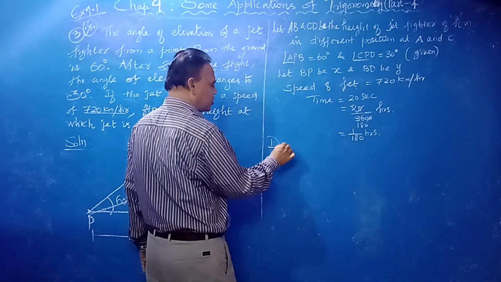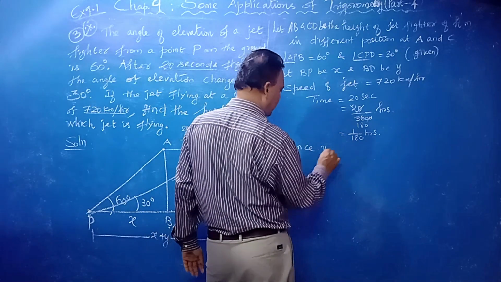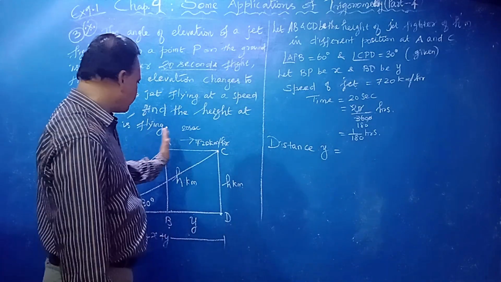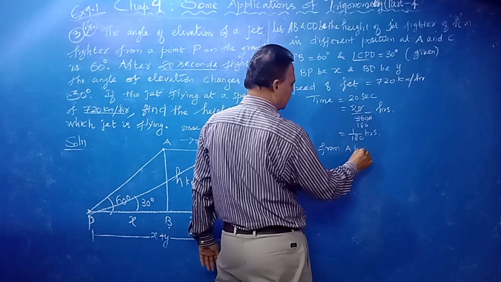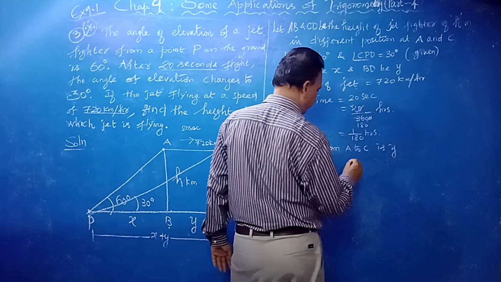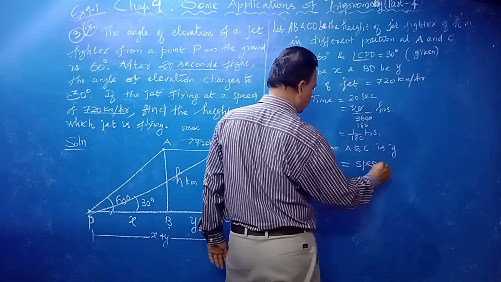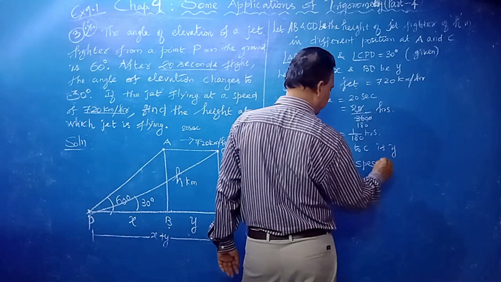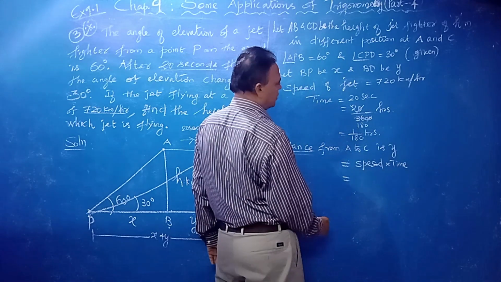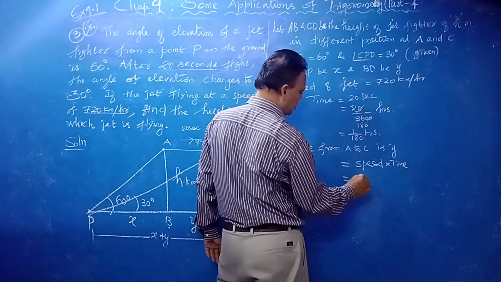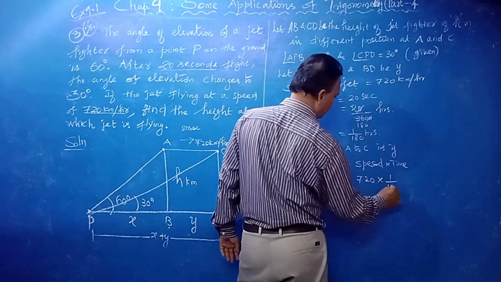Now find out distance. Distance from A to C is y. That is equal to speed into time. You have to remember this formula, right? So what is the speed here? Speed is 720 into time 1 by 180.